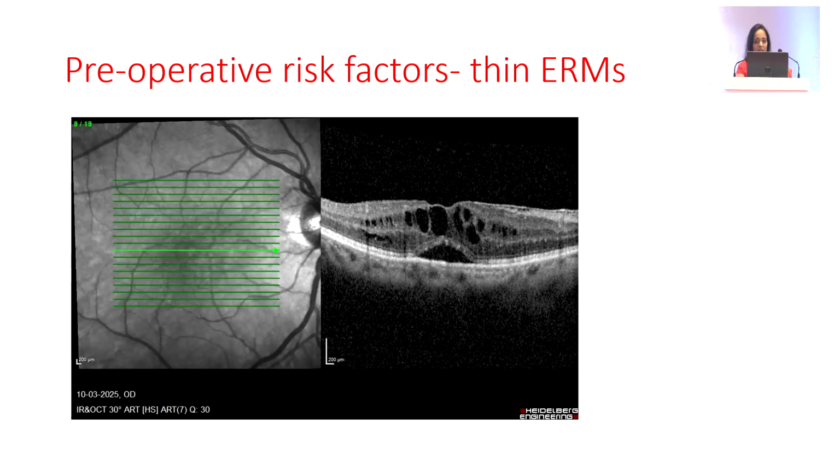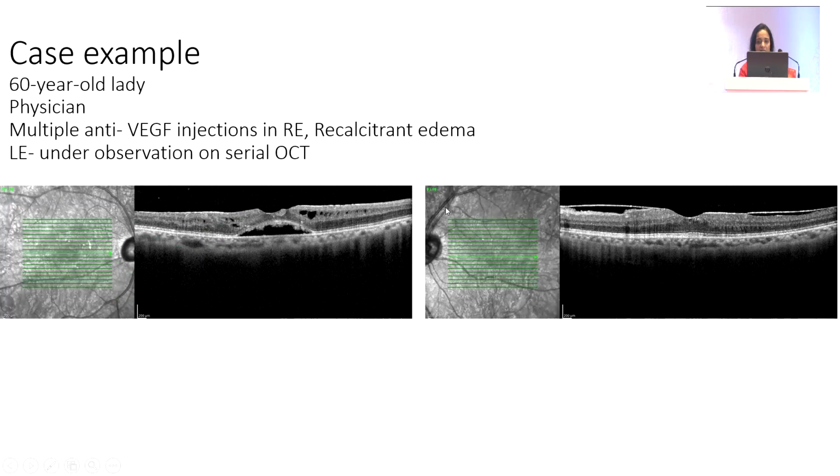So, a preoperative risk factor, this is an example: a thin ERM was present preoperatively and this patient ended up developing a PCME. Let's look at this example of a 60-year-old lady. She's a physician and she's had multiple anti-VEGF injections in the right eye for supposed recalcitrant diabetic macular edema, and the left eye is under observation on OCT.